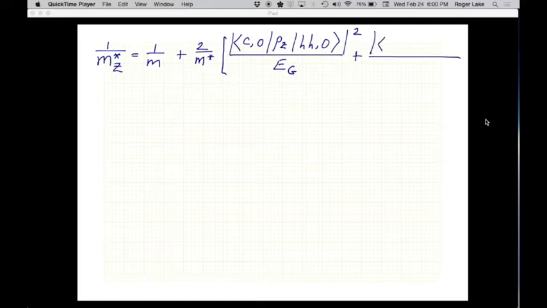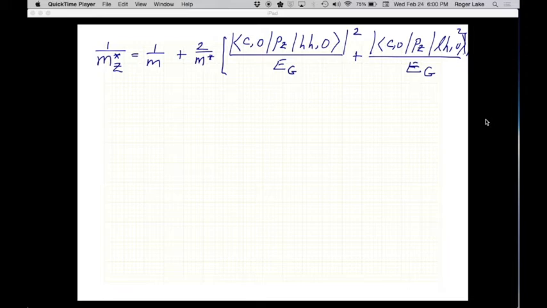Plus, again, C0, your conduction band, momentum operator, the light hole band, matrix element squared over the energy difference, which is the band gap, right? Because the light hole and heavy hole are degenerate. They are the valence band edge.